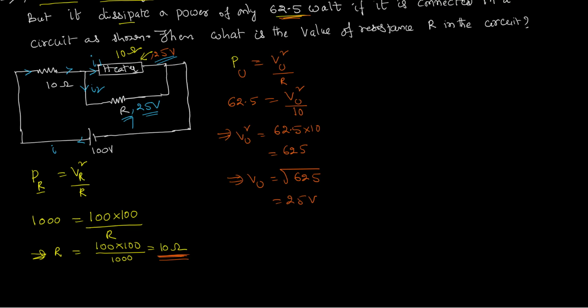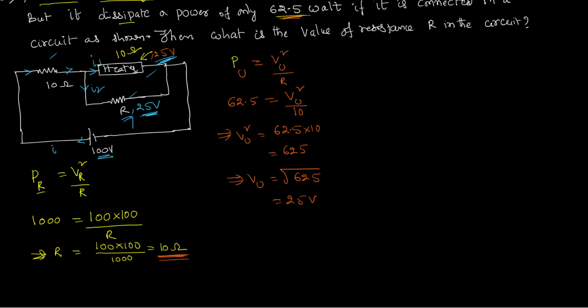So out of 100 volts, 25 volts is dropped here. Same 25 volts here across the heater because both of them are in parallel. You know, this entire set of heater and resistor is in parallel, but that combination is in series with this 10 ohms.